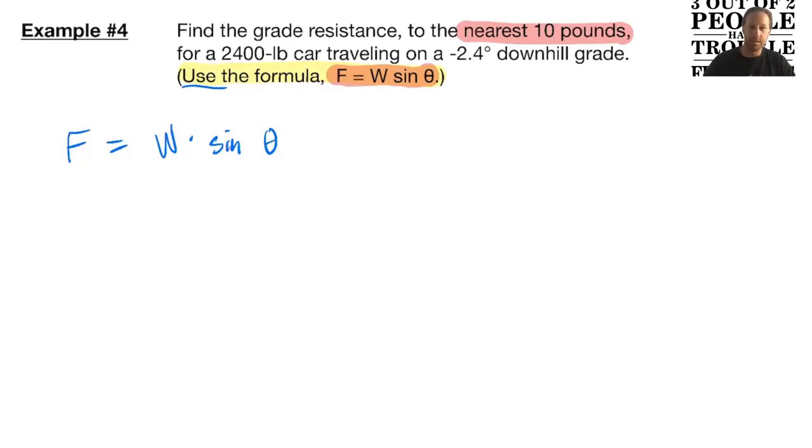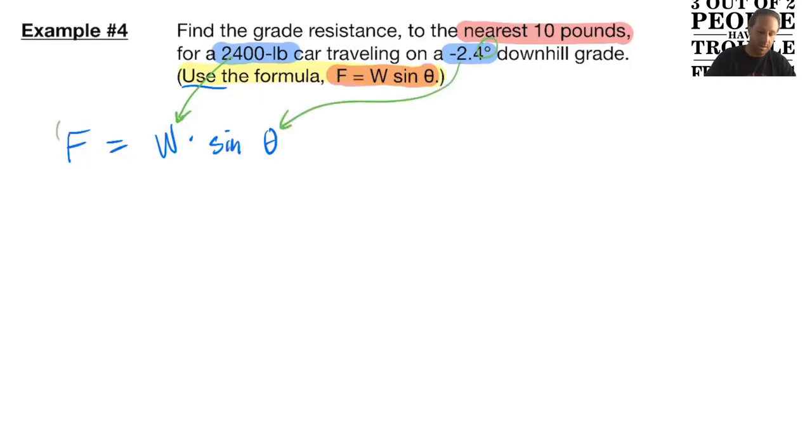W in this case, of the two things that they gave me that I can actually use, is a 2,400 pound car and a negative 2.4 degree downhill grade. And if I'm guessing the 2,400 pounds, that's probably what W stands for. The weight. The negative 2.4 degrees, the degrees tells me that that is an angle.